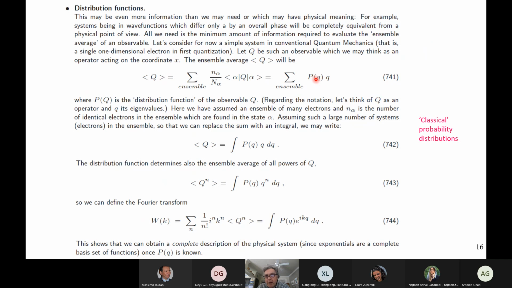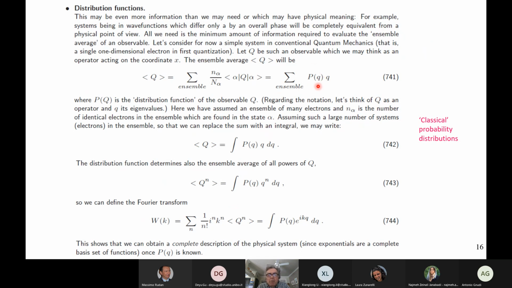This is essentially the number of replicas in my ensemble that have a particular value q over the total number of states. So clearly the average will be the usual average. What is the probability of having a particular value little q? I multiply by the value q, I add them all, and this is a weighted average, weighted by the probability distribution. We can convert it into an integral over all the variables q. And the distribution function also determines the average of all of the powers of q. This is a detail that I will not have to deal with too much.